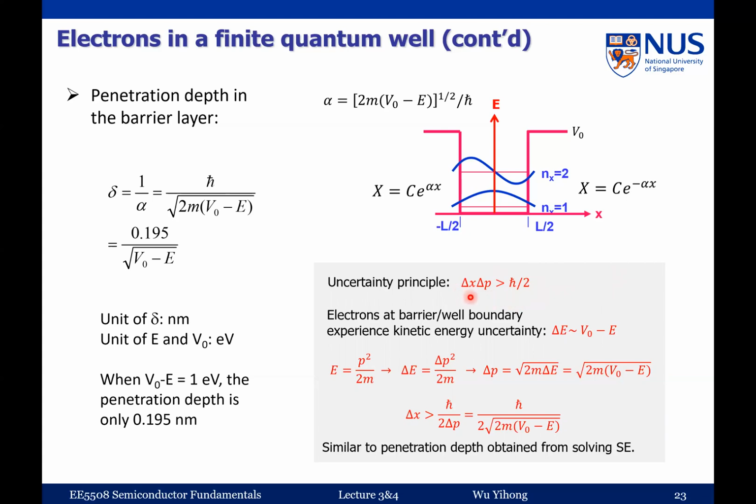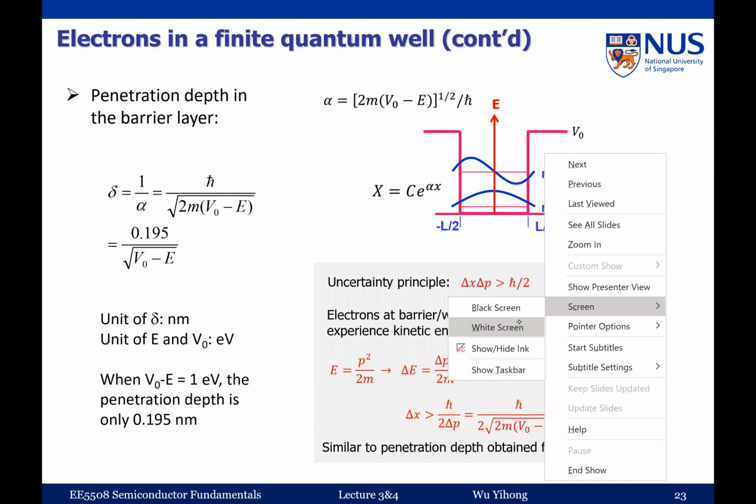And in fact, for any wave, you have this kind of relationship. Okay, this is actually not so difficult to understand. It is due to the fact that if you want to define a wave, for example a one-dimensional wave in free space, if you don't confine it, then you can define a very good sinusoidal wave, right?